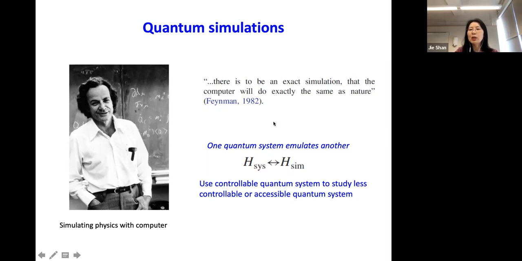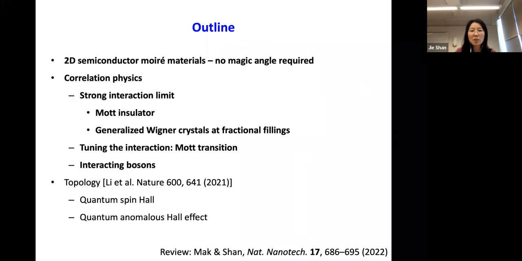So in this case, if we want to study some complicated system, we can emulate it with another, much simpler quantum system with parameters that are highly controllable, that you can tune and you can measure, but that are governed by the same Hamiltonian. And that way, by studying this well-controlled system, you can get the answer you are looking for. So the moire materials are pretty good candidates for this type of application.